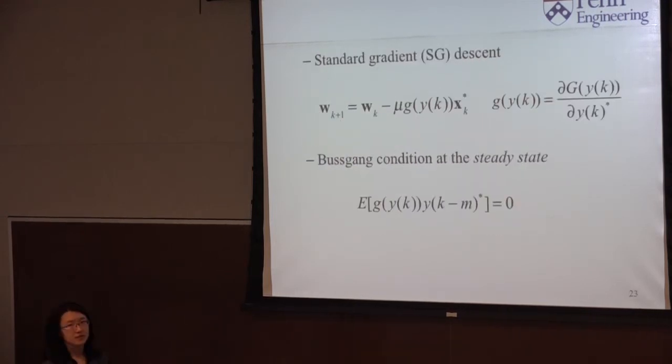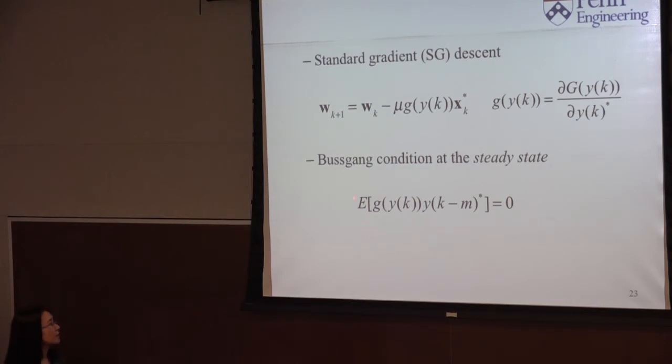And in the standard Godard type algorithm, standard gradient descent is used. That means just take the derivative with respect to the vector and then do steepest gradient descent. And ideally, at a steady state, this part should be 0, right? And it could be shown that, in fact, at a steady state, the expectation of the cross correlation is 0.